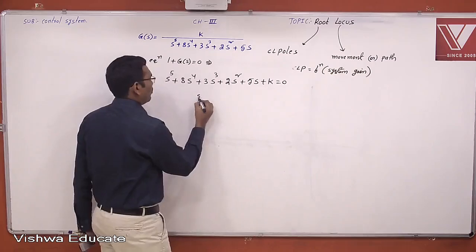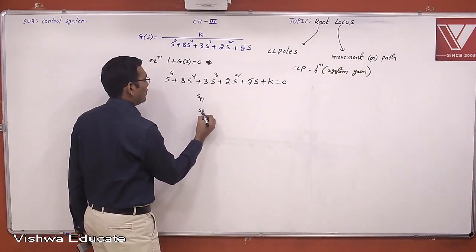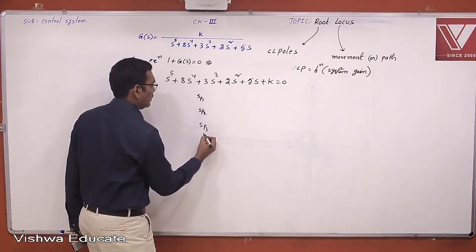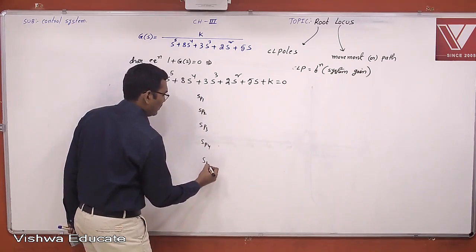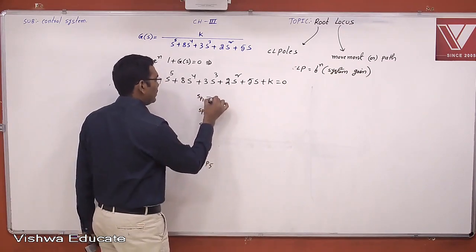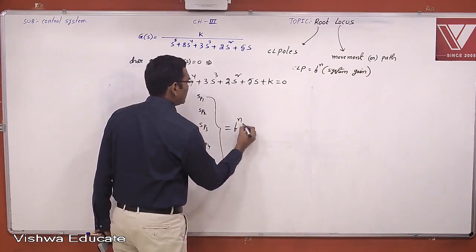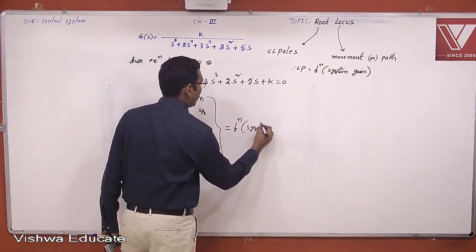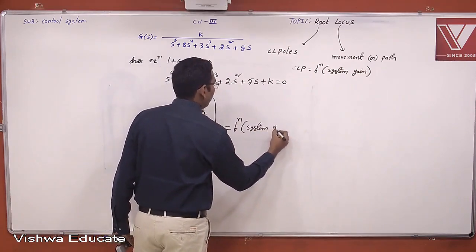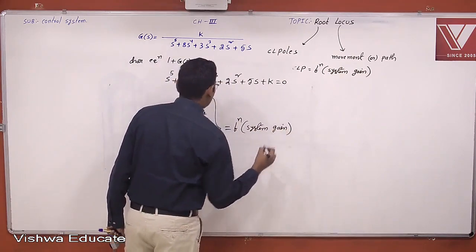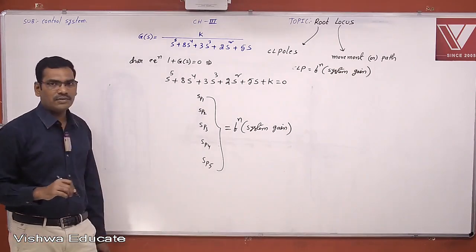Now there are a total of 5 poles, P1, P2, P3, P4, P5. I want exactly the 5 poles location, and these 5 poles locations should be a function of system gain k.